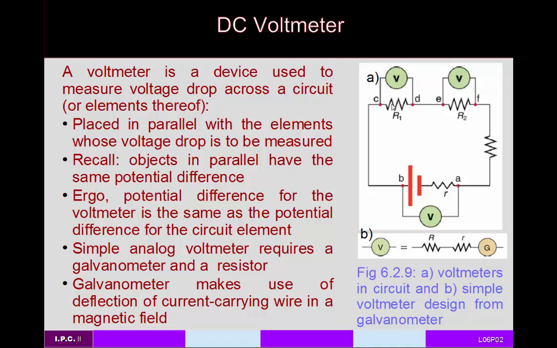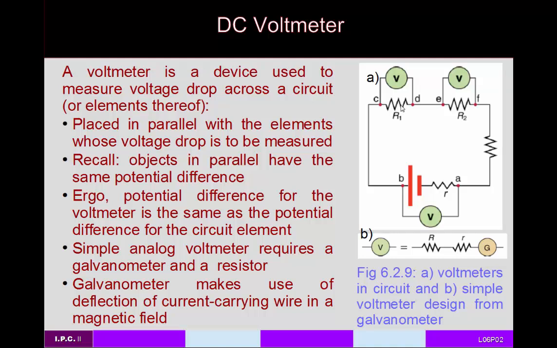You get that from the conservation of energy: the voltage drop across each branch of a circuit must be the same. So the voltage drop across this device and the voltage drop across this resistor must also be the same.